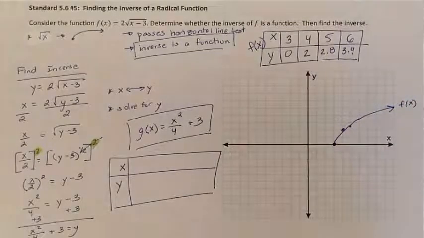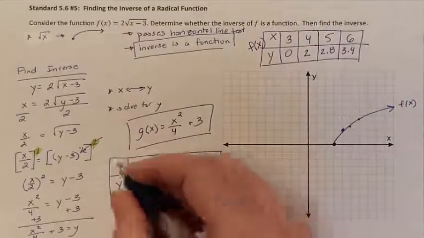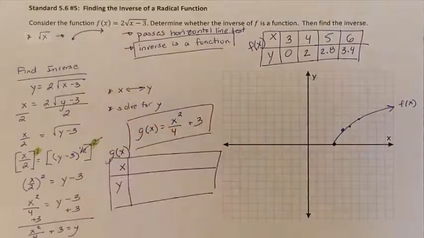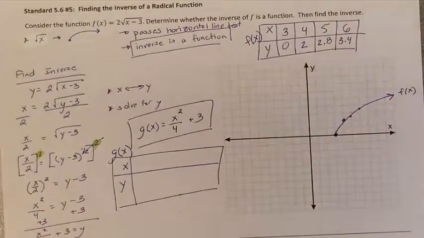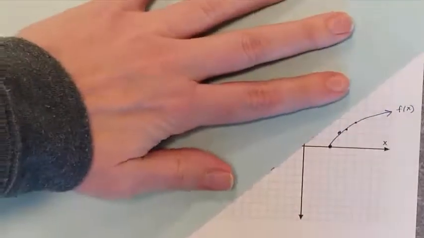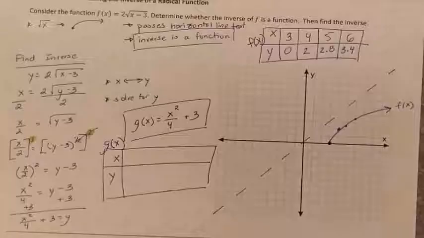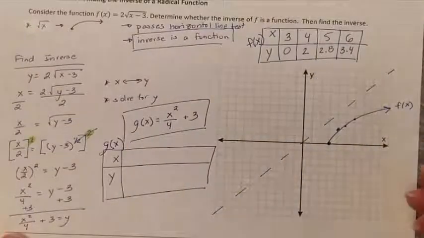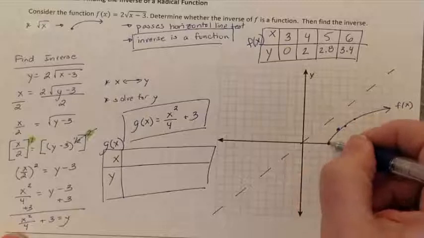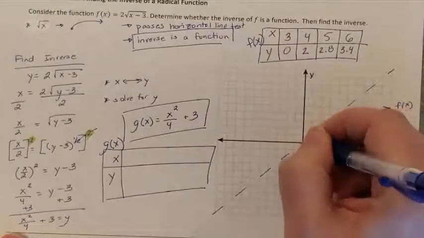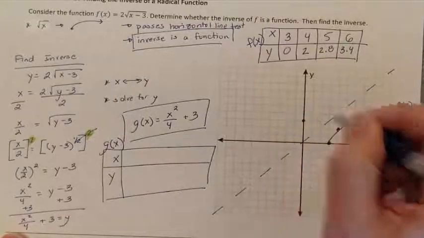We are going to use this and its domain to help us determine the g of x function that we are looking at. I know because they're inverses that they should reflect on this line. If I started 3 to the right for my f of x, that means my g of x should start 3 up.